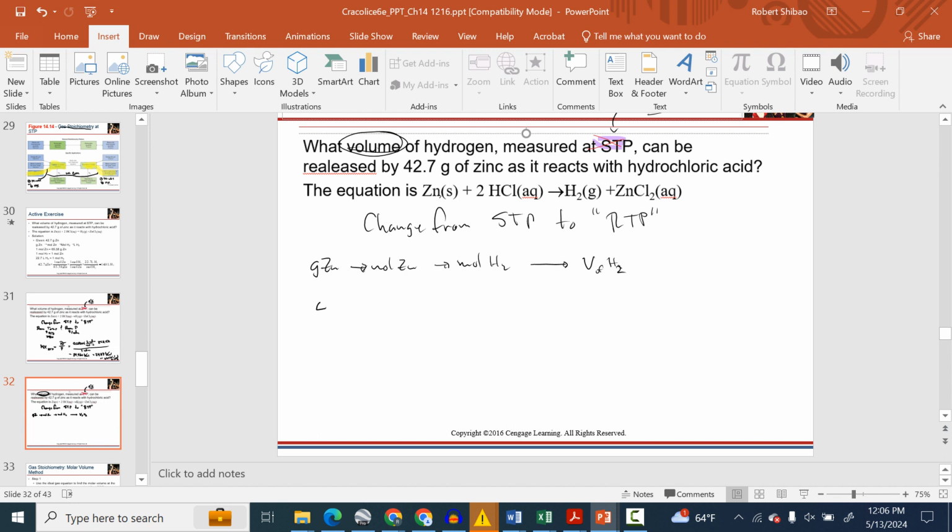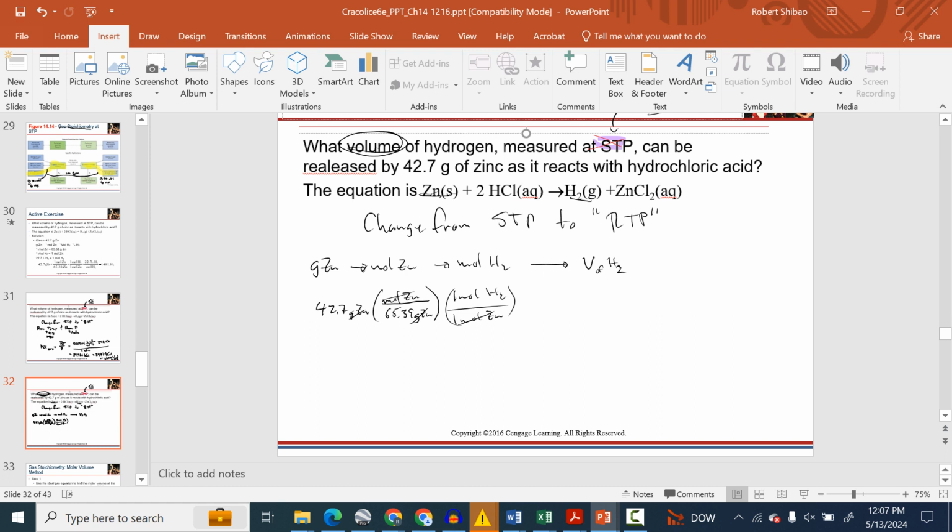We're starting off with 42.7 grams of zinc. Then we need the molar mass of zinc, 65.39. So grams of zinc cancels. From moles of zinc to moles of hydrogen, it's a 1-to-1 mole ratio: 1 mole of hydrogen for every 1 mole of zinc.